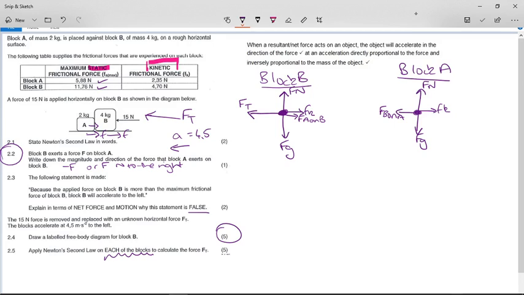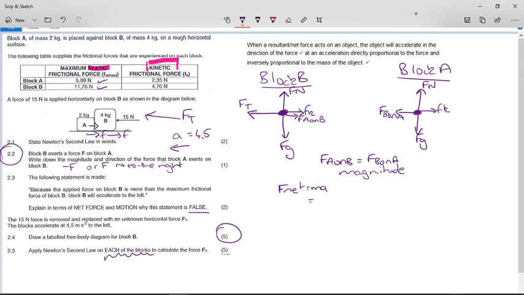Okay, remember the 2 blocks are touching, so there's the force pair from Newton's third law on each other. What you need to remember now is that FA on B equals FB on A. So the magnitude of these 2 forces is going to be the same. So when we make our equations here, for block B, F net equals MA.